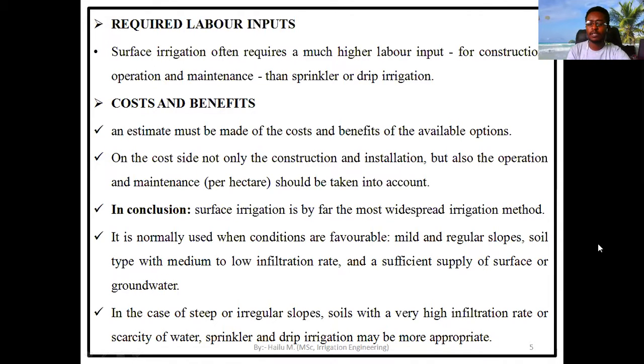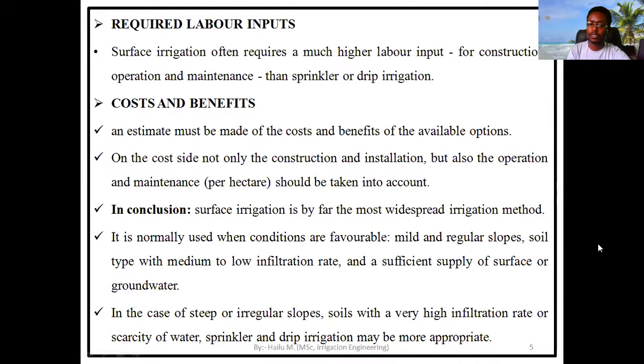In surface irrigation, there are relatively much higher labor inputs for construction, operation, and maintenance than sprinkler or drip irrigation. When we come to the costs and benefits, an estimate must be made of the costs and the benefits of the available options. On the cost side, not only the construction and installation, but also the operation and maintenance per hectare should be taken into account.